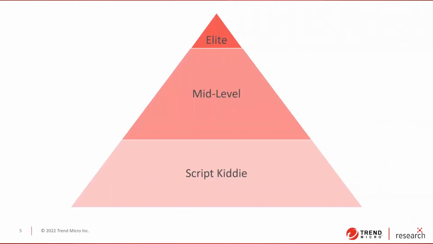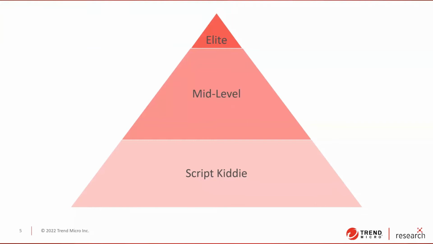When you look at who we are protecting our customers from, you talk about the attackers today, right? This is the typical pyramid shape that you see out there. They break it down into three different levels of skills. The first one, at the bottom, is the script kiddies.